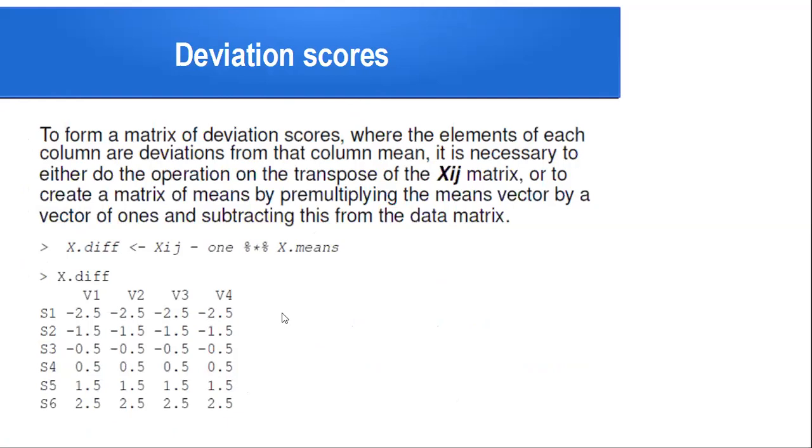Deviation scores. The form of a matrix of deviation scores is where the elements of each column are deviations from the column mean.